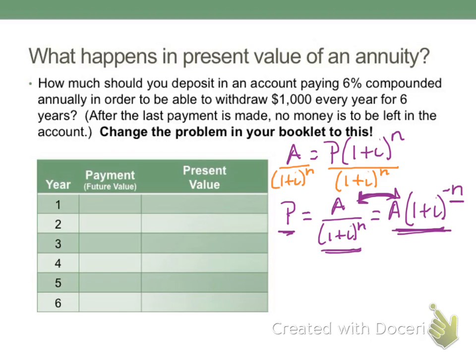So here's the idea. At the end of the first year, I want to be able to make a $1,000 payment out of this account. So the question is, what do I have to put in now as a present value so that at the end of the first year, I will have the $1,000 to make the payment? So we use our present value equation now.